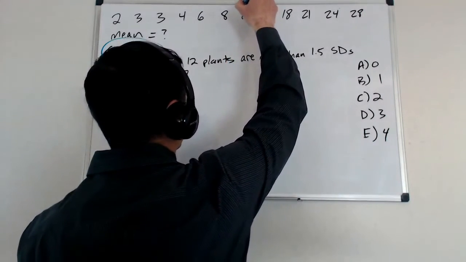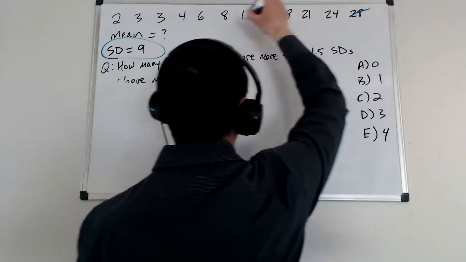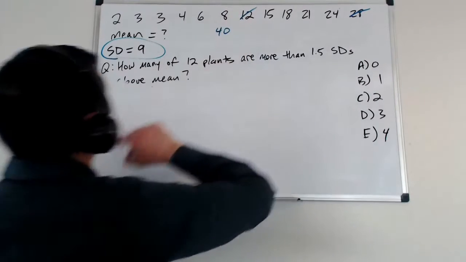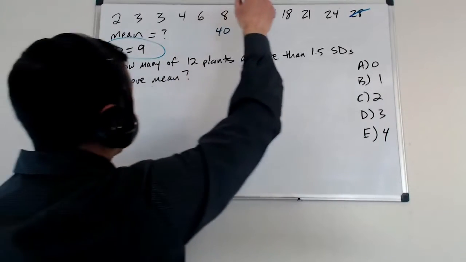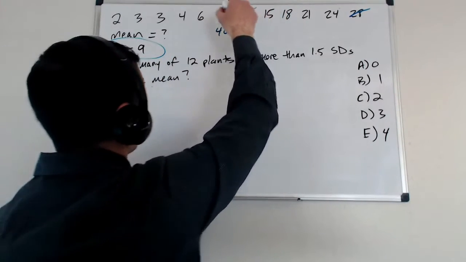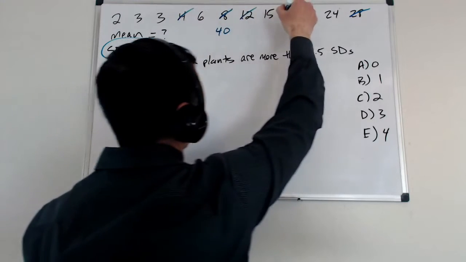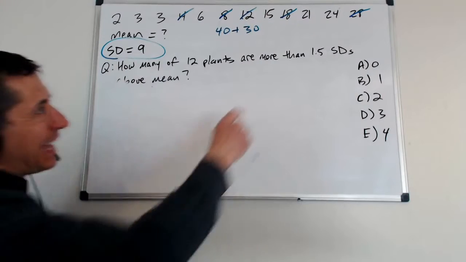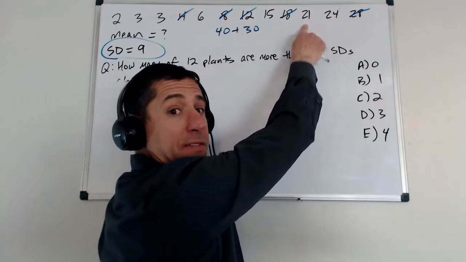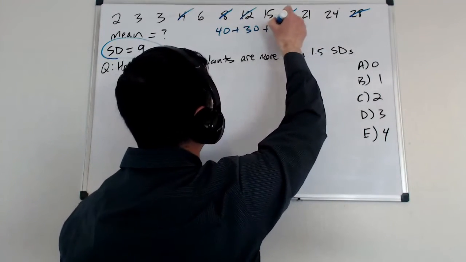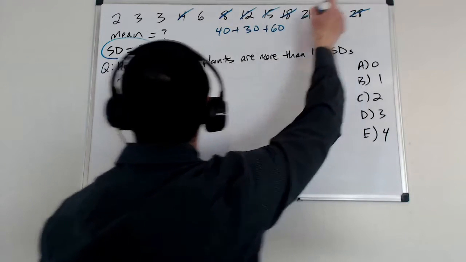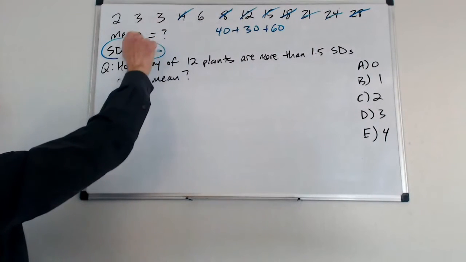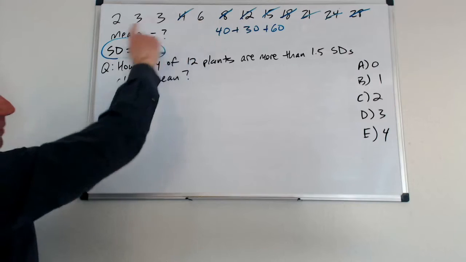For example, I might take the 12 and the 28 out, and that's 40. Then I've got 8 and 4, that's 12, plus another 18, so that's 30 again. 24, 21 gives me 45 plus 15. That's 60. And then it's got these little guys down here. 2 plus 3 plus 3. So I got 14.